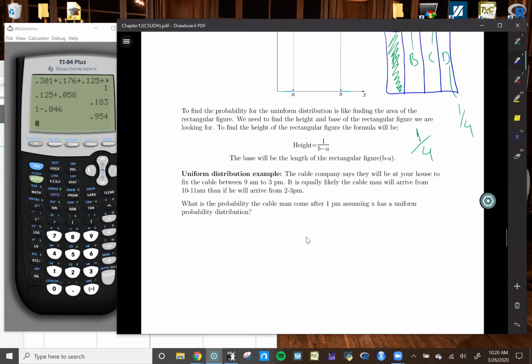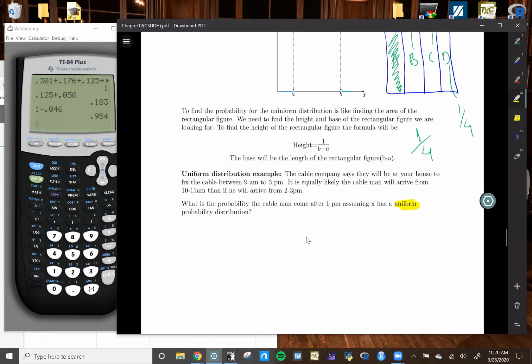For this one, there's one very important word they give you, and that word is uniform. In order for you to know you have to do a uniform distribution, they actually have to tell you it's a uniform distribution or that it follows one. So on a quiz or a test, in order for you to do what I'm about to do, I have to tell you it's a uniform distribution.